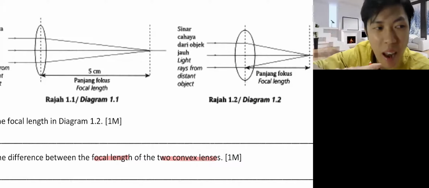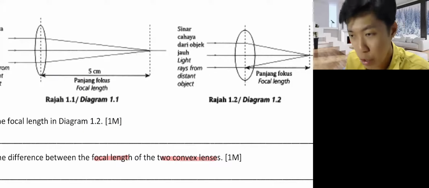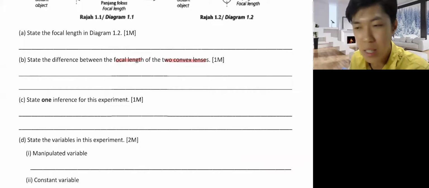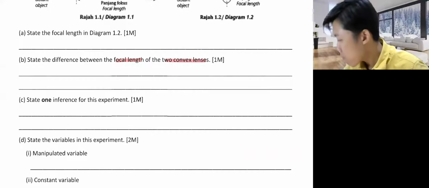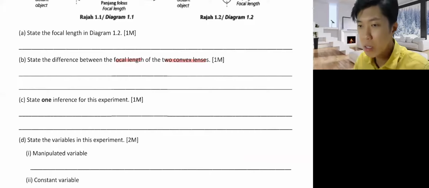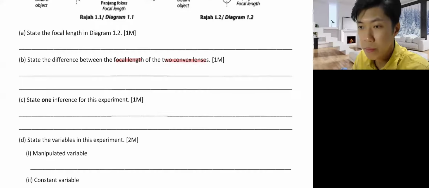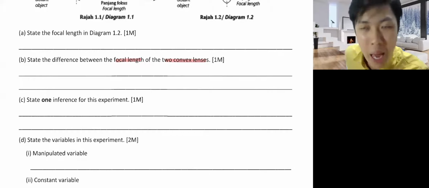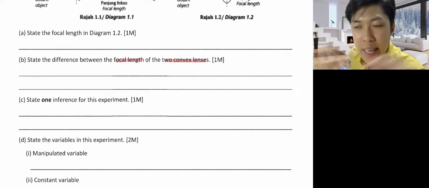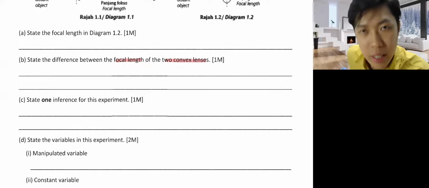Like, the focal length in diagram 1.1 is longer than the focal length in diagram 1.2. Yes, correct, but can you do the other side also, when you compare both?